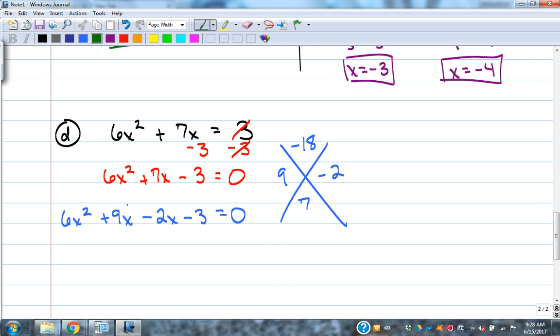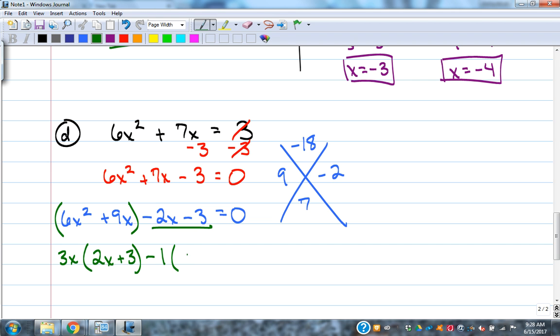So I'm going to group the first two together. The GCF of those two would be 3x, leaving 2x plus 3. And then what do I need to pull out of the second two? A negative, obviously, because of the minus sign that's right here. And then there's nothing in common between a 2 and a 3 except for 1.